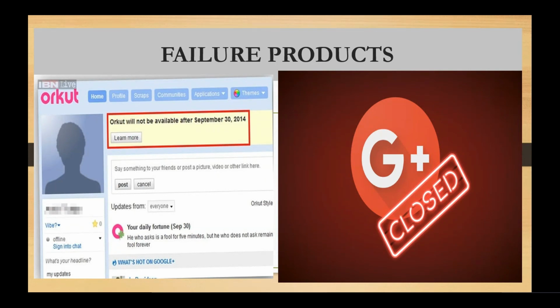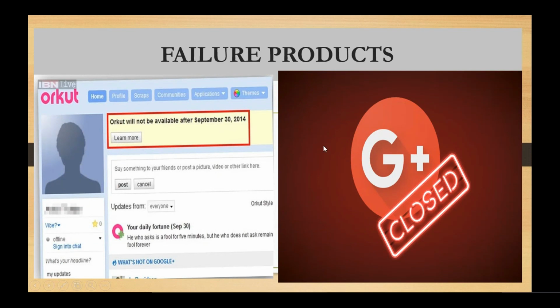People were not very open-minded as we are today. The generation which was using Orkut back in 2010, 2011 was not able to associate themselves with Orkut. And so Orkut, although very similar to Facebook, was a failure.